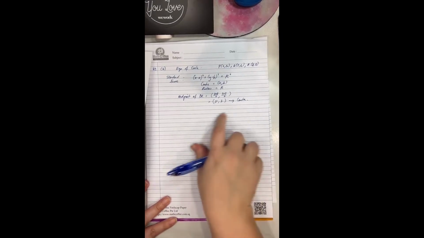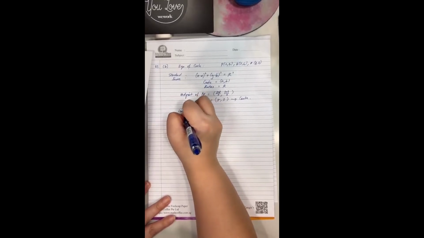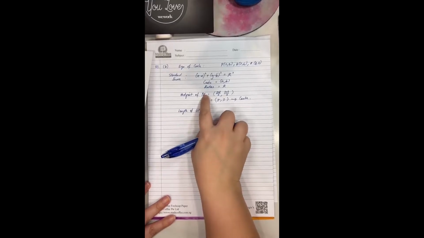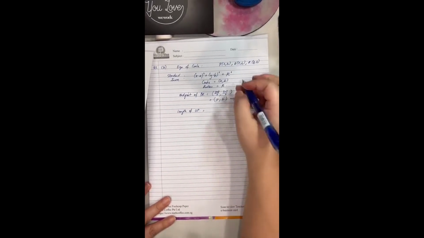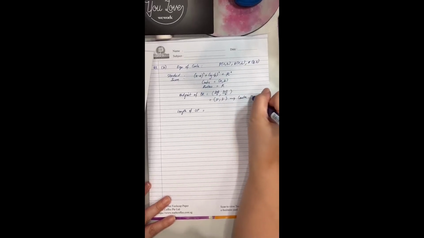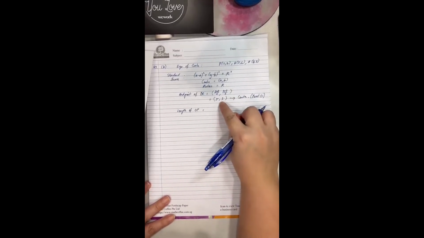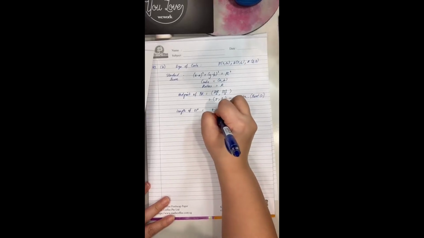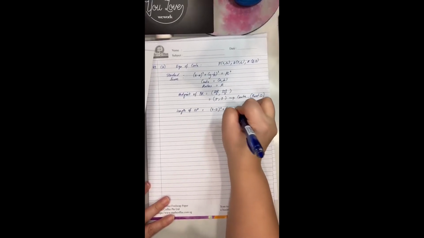Yes, correct. So now next, let's find the radius. We need to find the length of OP. If you want to find OR, it also doesn't matter. My O is the center here, point O. So it will be O and P. 5 minus 2 square plus 3 minus 3 square.